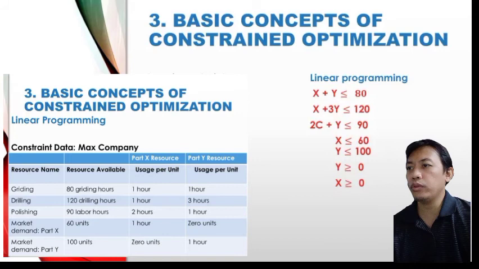As you can see in the constraint data again, part X is 1 hour and part Y is 3 hours. And all of that shows here that 2X plus Y is less than or equal to 90. So part X here is 2 hours and 1 hour for Y.